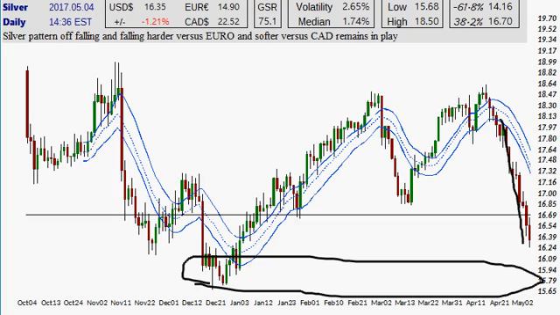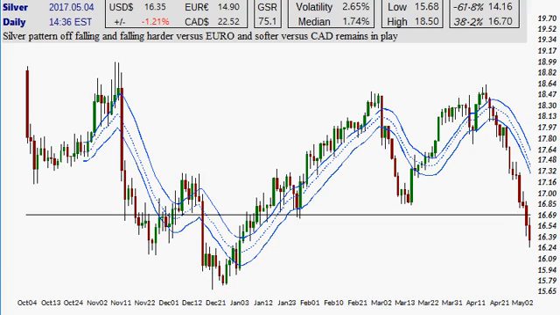And furthermore, the pattern I talked about days and days and days ago has not stopped. Silver's going down, yet the Canadian dollar is weakening against the US, so it's not losing as much in Canada.